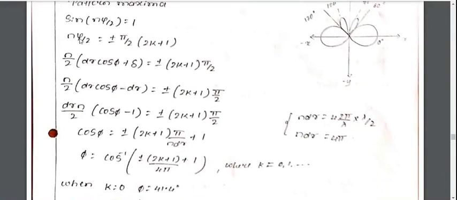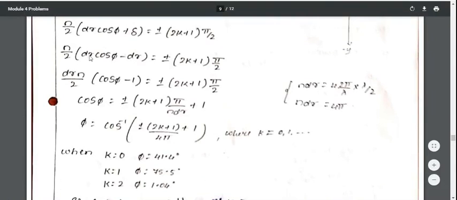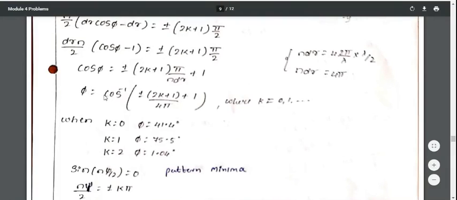Now you know the value of psi. Psi is dr cos phi plus delta, and with delta equal to minus dr, you can take dr as common, so cos phi minus 1. Taking dr to the RHS side, and then the minus 1 also to the RHS side, phi is equal to cos inverse of plus or minus 2k plus 1 divided by 4 pi plus 1.